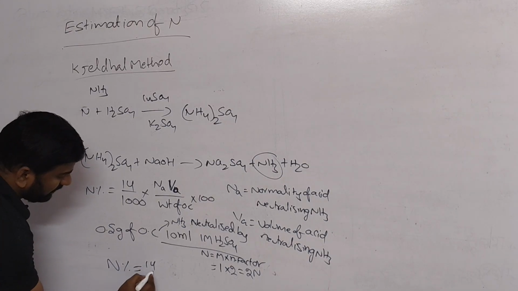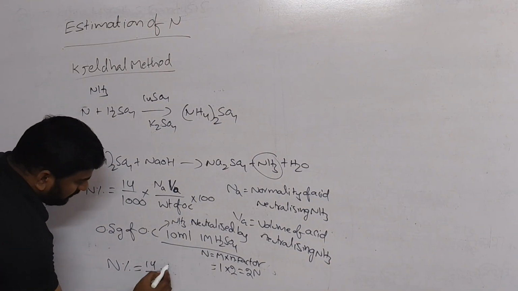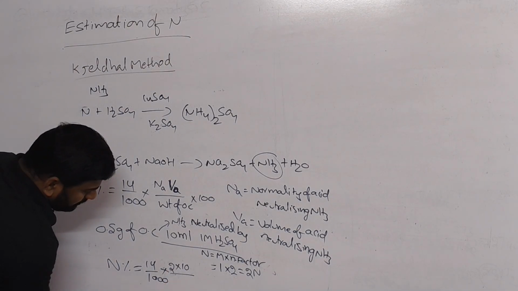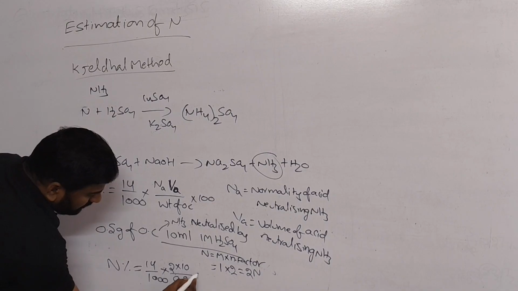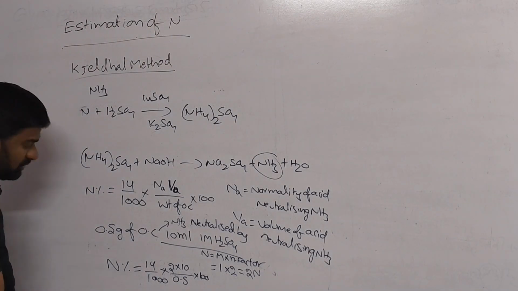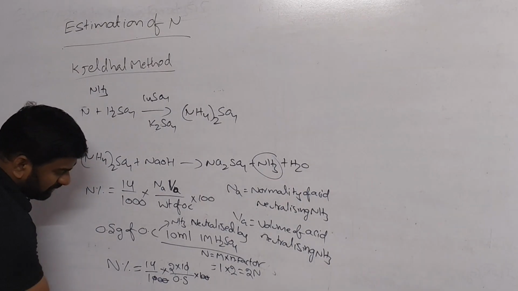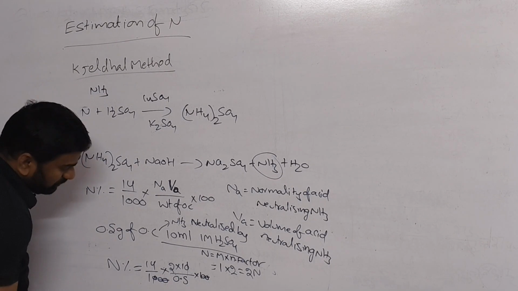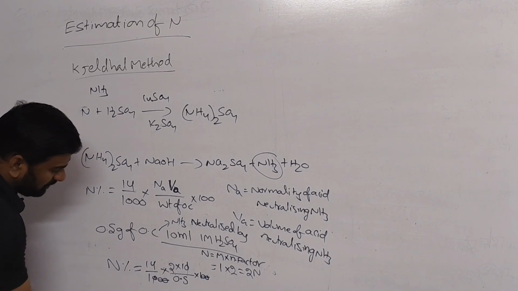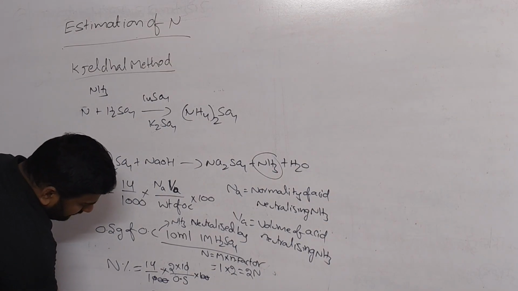14 by 1000 into normality of acid 2 into volume of acid 10, by weight of organic compound 0.5 into 100. If you solve this, the zeros cancel. 0.5 means 1 by 2, so it comes up as into 2. 2 twos are 4. 4 into 14, 14 fours are 56 percent.